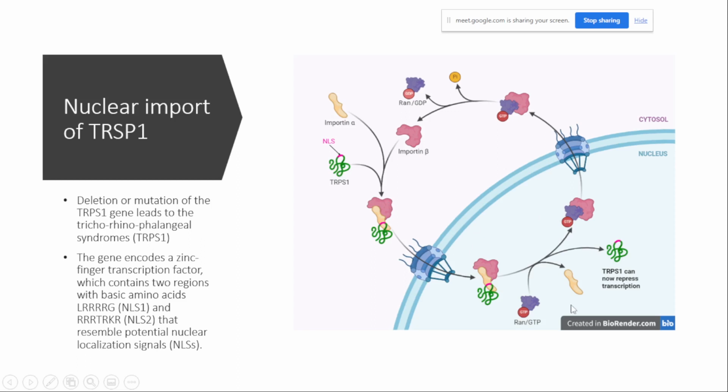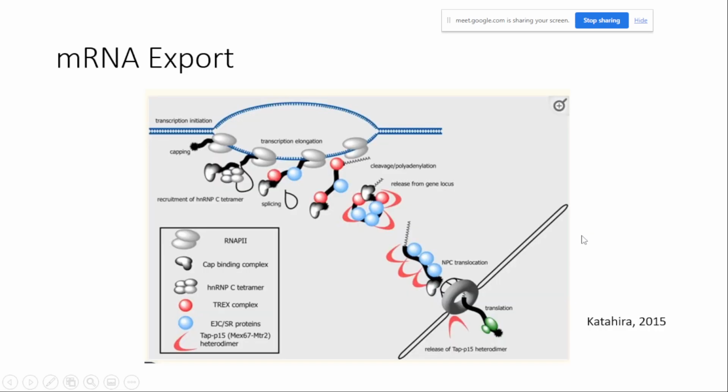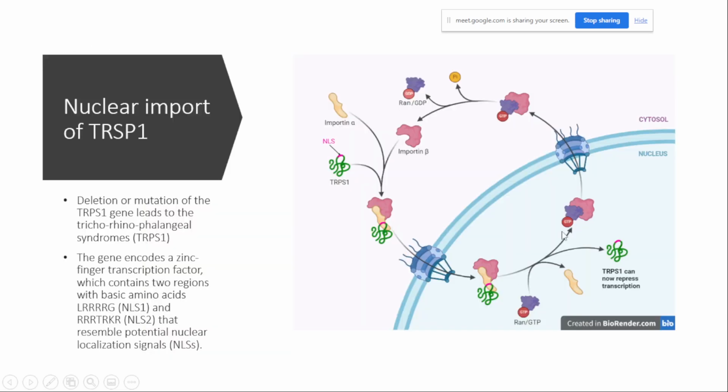Then you will photobleach the nucleus. After photobleaching the nucleus, all the existing proteins in the nucleus will be bleached, right? So you can see them after a few minutes.